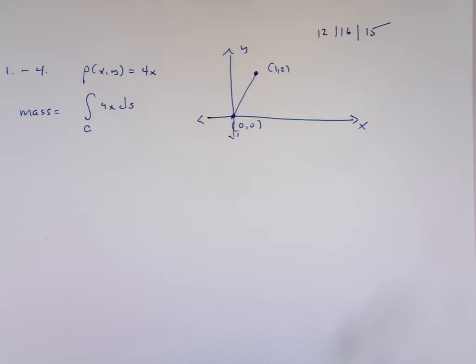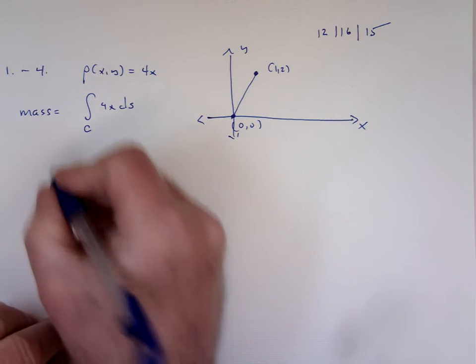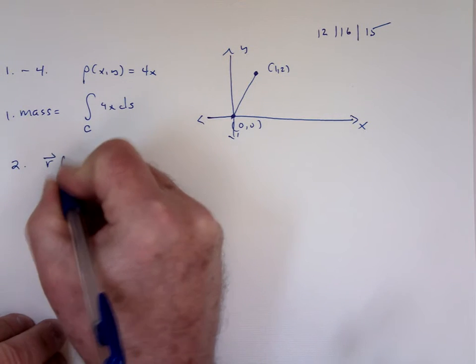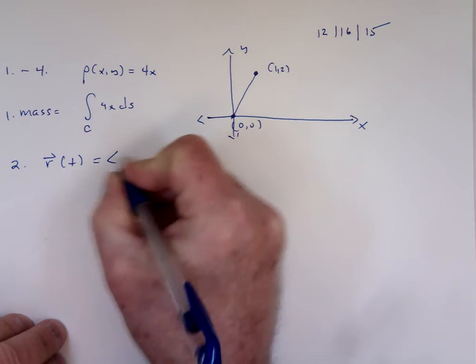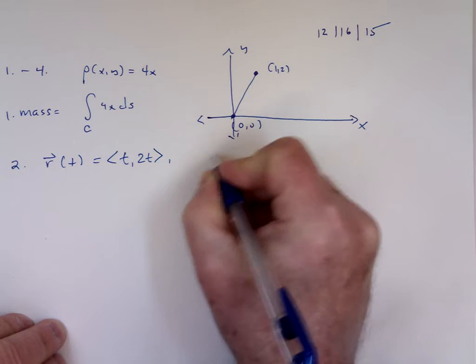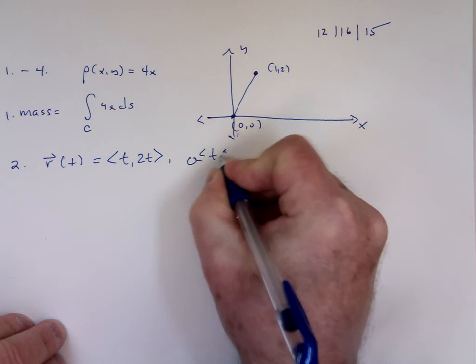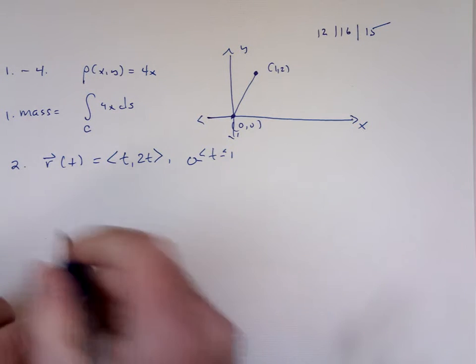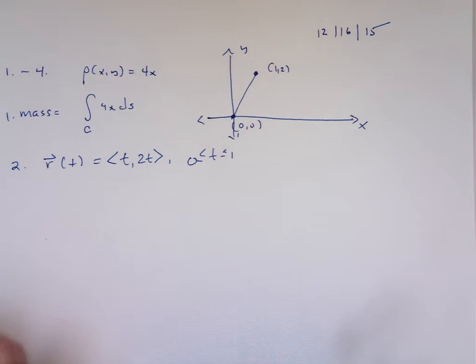Everybody see this okay? If you use the natural parameterization, t, 2t, where t goes from 0 to 1, then you take this line integral over the arc length and change it to an integral in terms of the parameter t.